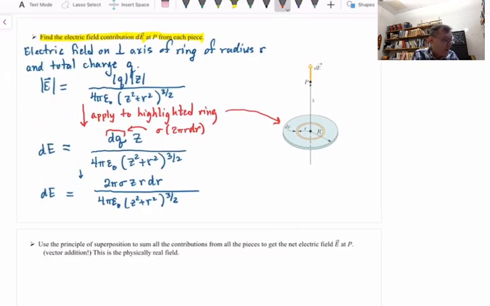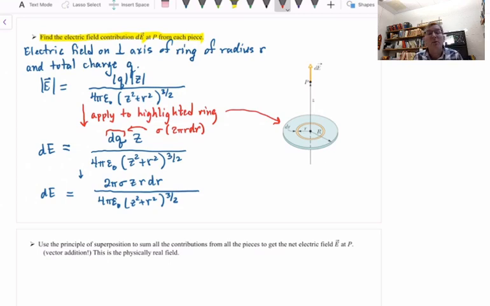Okay, that's step 2. We picked a tiny piece of the disk. We decided to pick a piece that was ring-shaped. We used the result we already had for the electric field on the perpendicular axis of a ring to write down the electric field dE on the perpendicular axis of this ring.